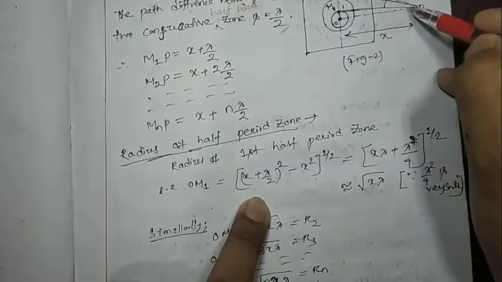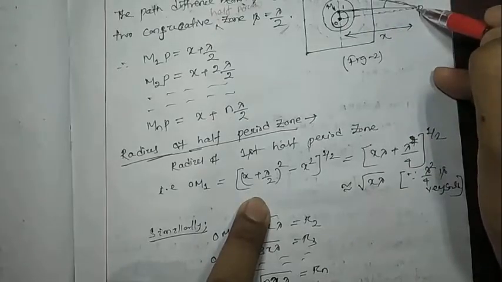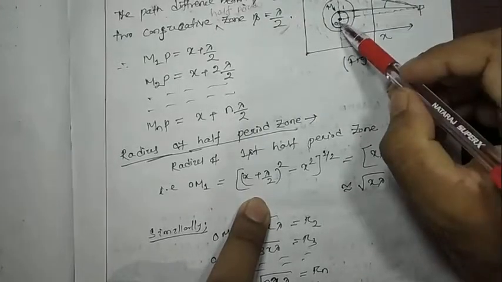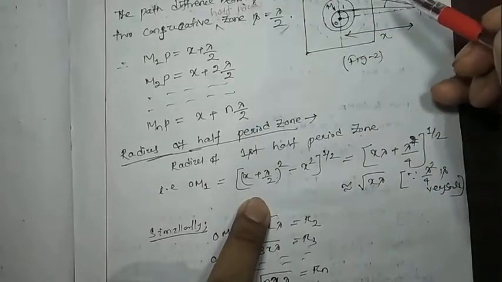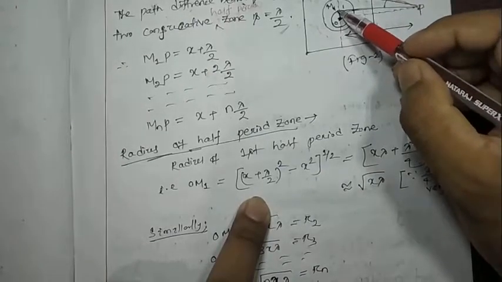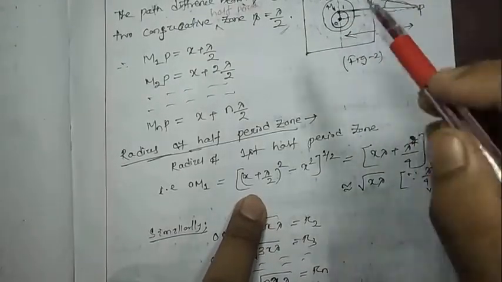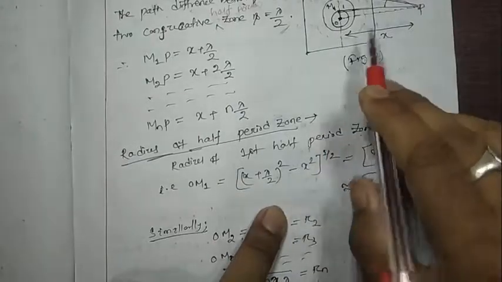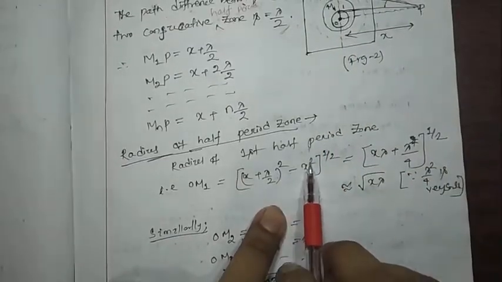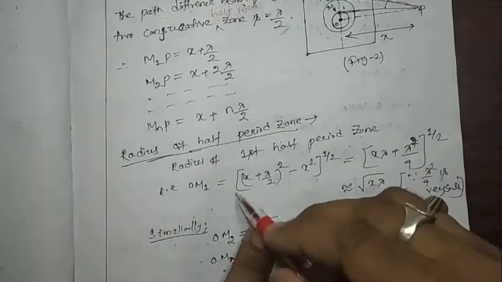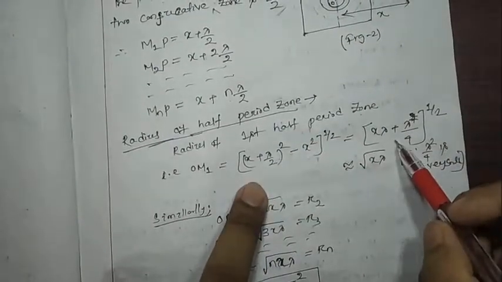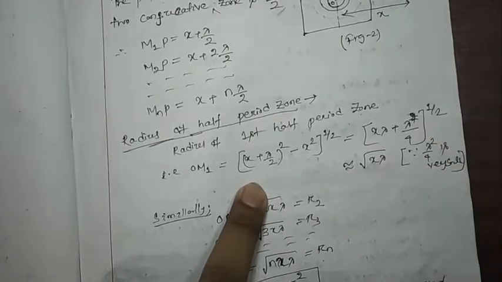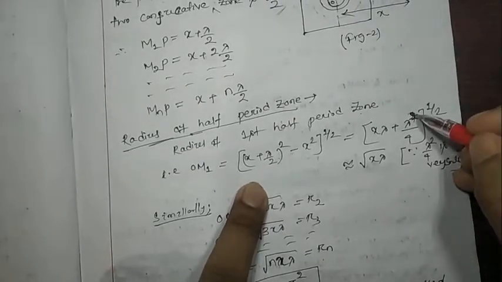This is a right angle triangle. M1OP is the right angle triangle, where M1P is the hypotenuse, OP is the base, and OM1 is the height. So the height OM1, the radius of the first half period zone, will be equal to the square root of x plus lambda by 2 whole square minus x square, which is the square root of x lambda plus lambda square by 4.